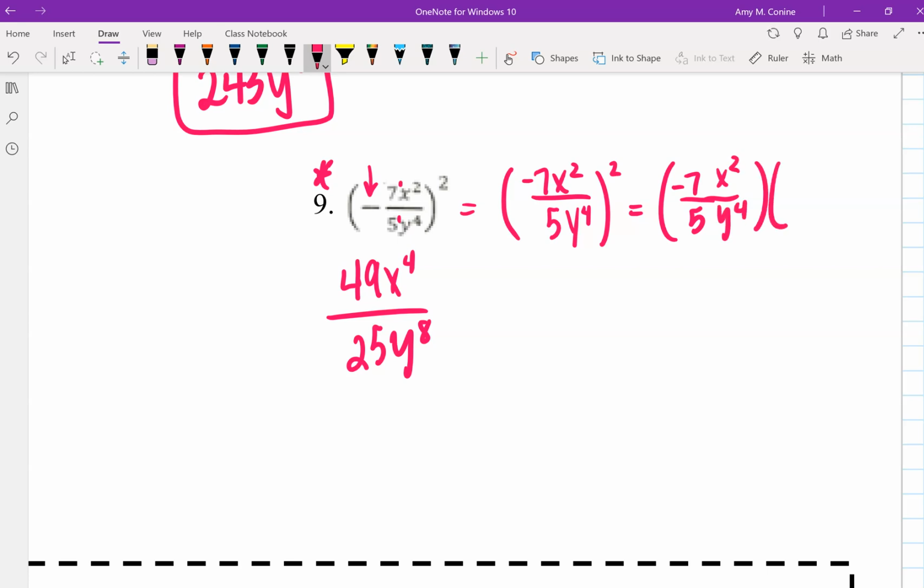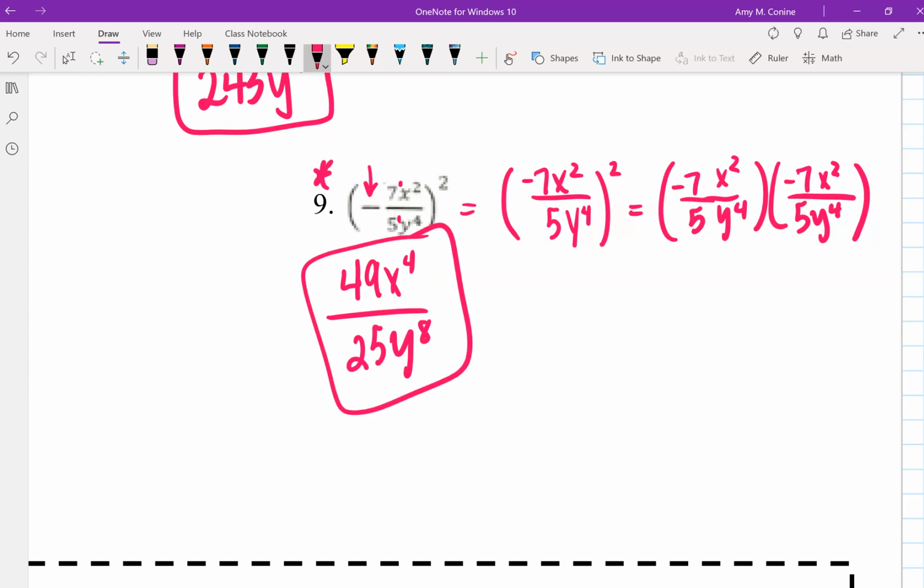So anything to an even power, so square, fourth, 6, anything like that, that negative is going to cancel. So -7 times -7 gives you that positive 49, x squared and x squared, x to the 4th. You get 5 squared, which is 25, and y to the 8th.